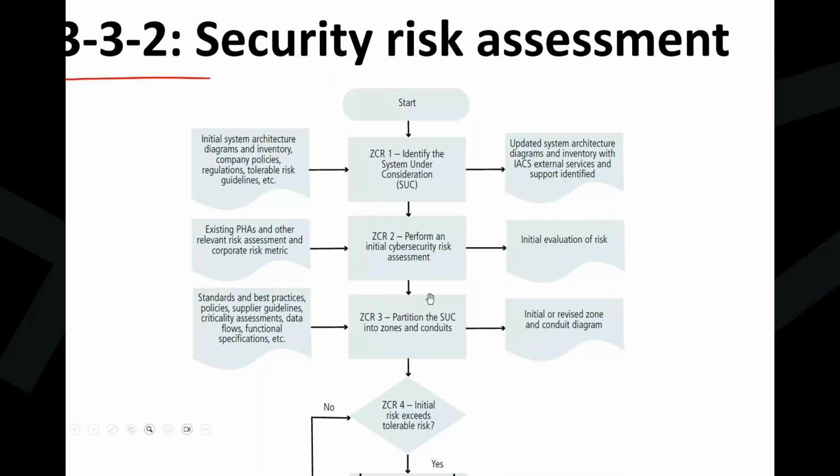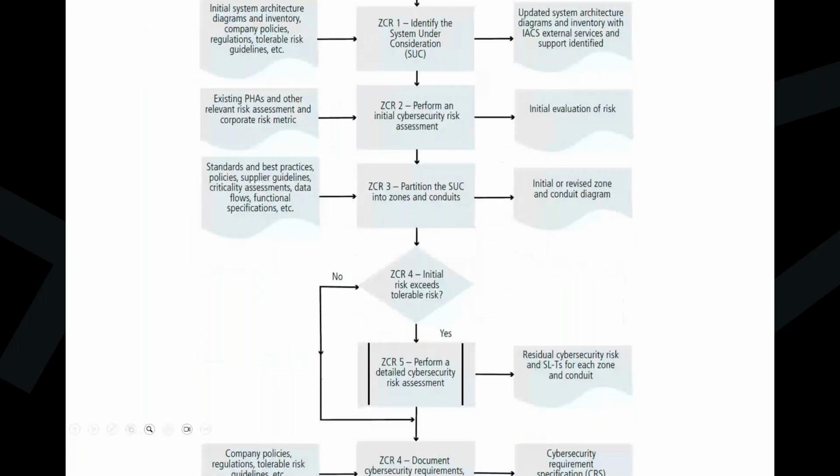Remember, I mentioned zones and conduits in 62443-1-1, and the idea was that, well, ultimately it will apply somewhere. Well, guess what? In 62443-3-2, they're saying that you should partition your system into zones and conduits, and then you perform the risk assessment.